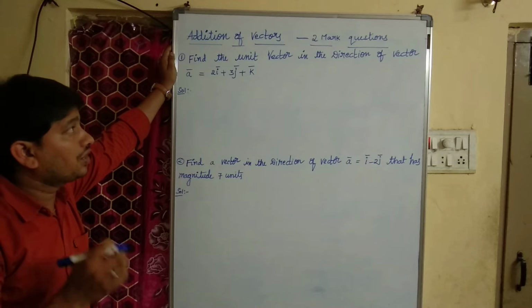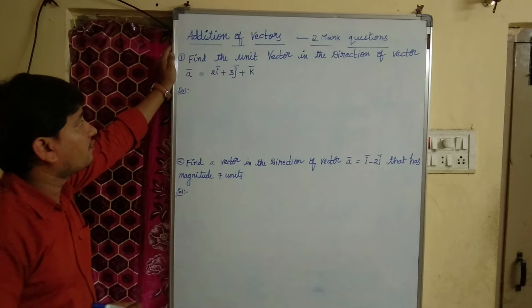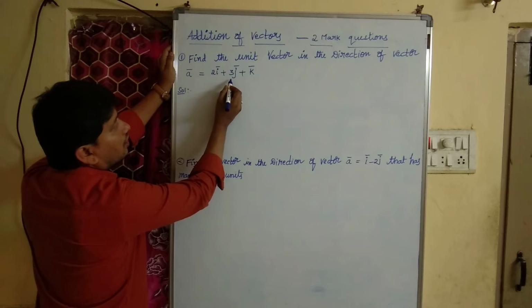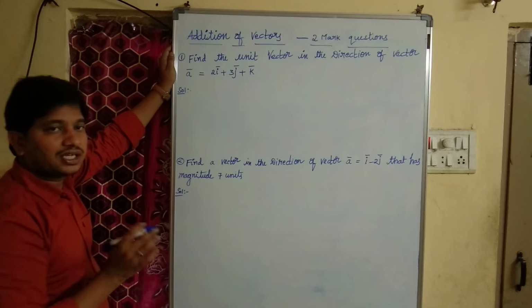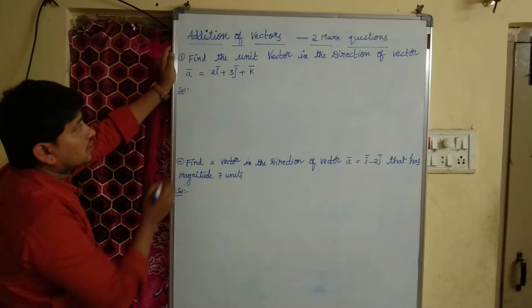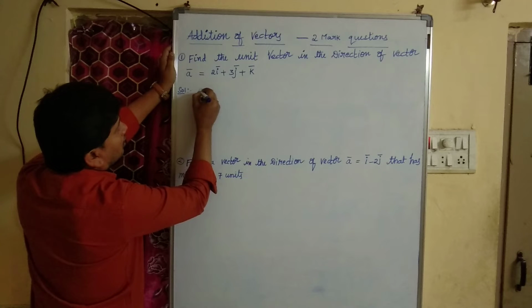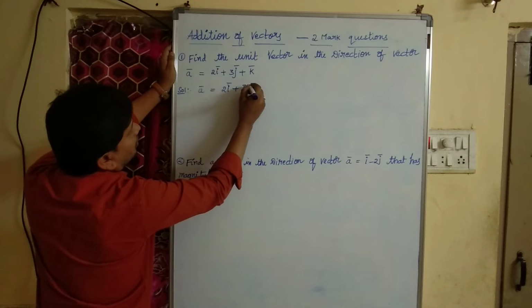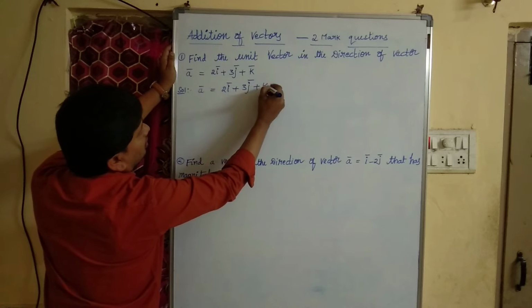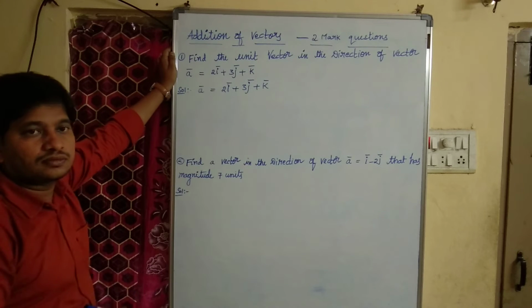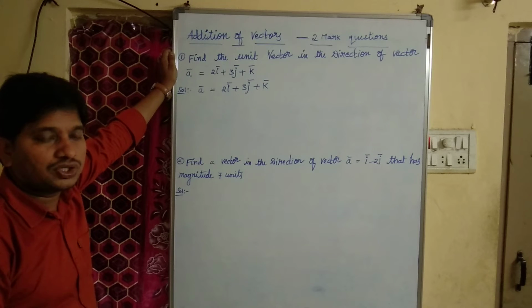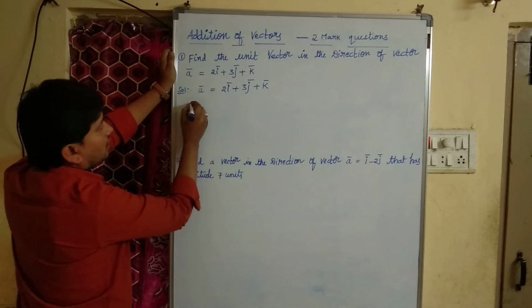Find the unit vector in the direction of vector a bar equal to 2i bar plus 3j bar plus k bar. So given vector a bar is 2i bar plus 3j bar plus k bar. This is the given vector. So let us find modulo of given vector a bar.